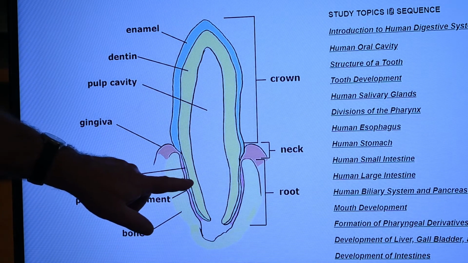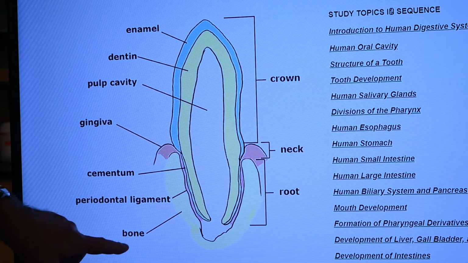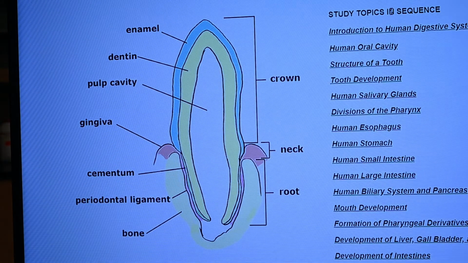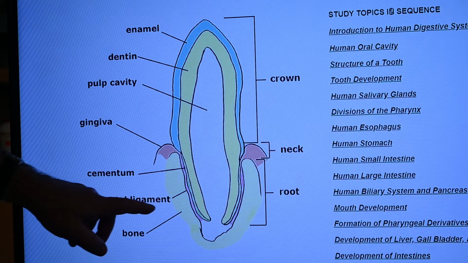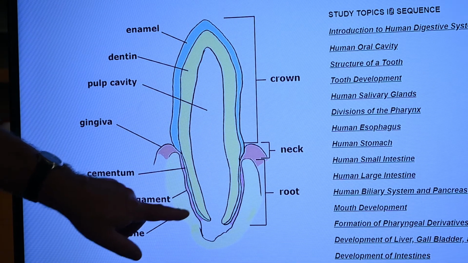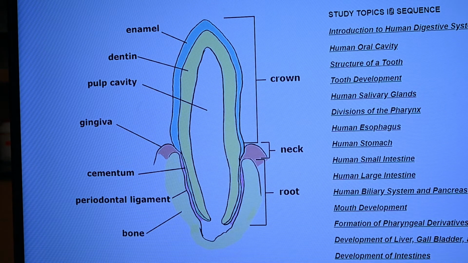And then between that cementum and the bone outside that, there's a layer of collagen, connective tissue, called the periodontal ligament. So that joins the tooth to the bone, that periodontal ligament there. So those are the parts of a mature tooth.